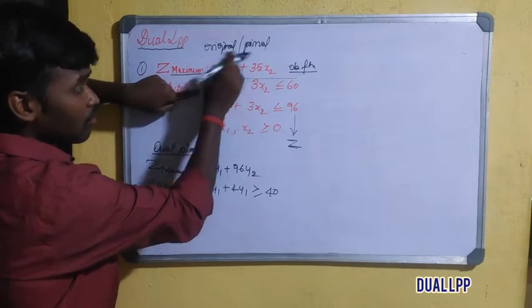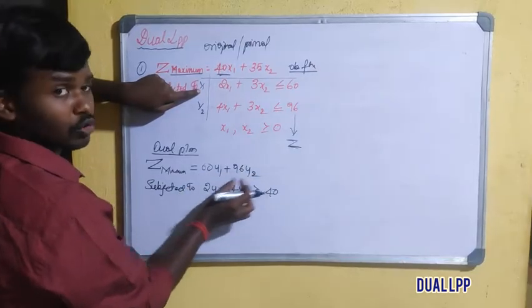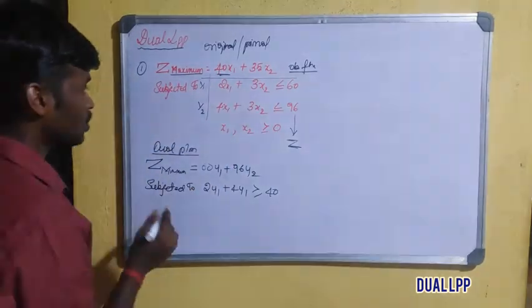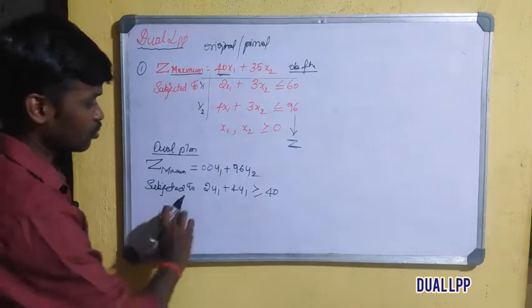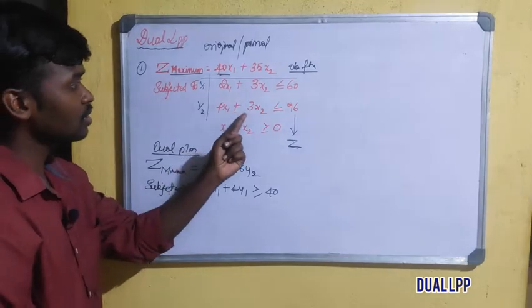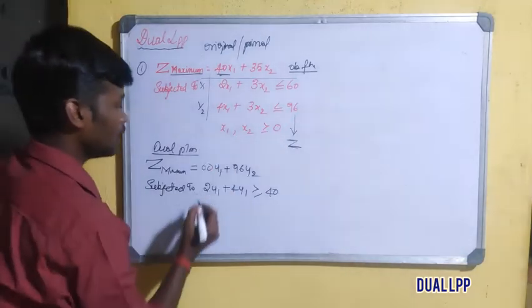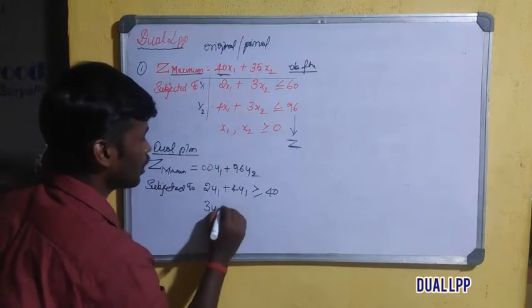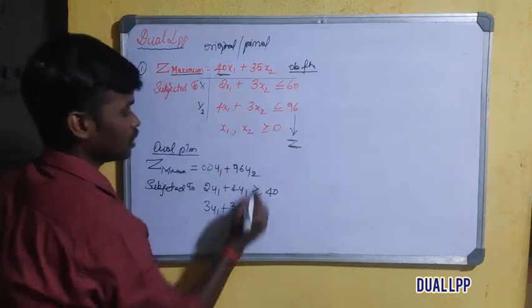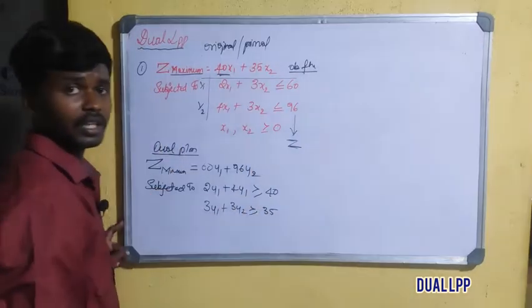So this objective function becomes the constraints, and these constraints become the objective. Since we use y1 and y2 here, we ignore x1 and x2. Okay, next, based on the first decision variable we formed the first constraint. Next, 3y1 plus 3y2 greater than or equal to 35, this objective function value.